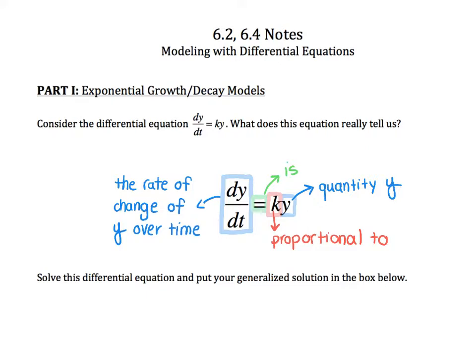Another way to interpret this would be that the rate of change of y depends on quantity y, or that the rate of change depends on how much there is at any particular moment. So maybe start to think about that, and think about what kind of function or what kind of growth that might be describing. If it's not jumping out at you, don't worry, because we're going to go ahead and figure it out, but just start chewing on that.